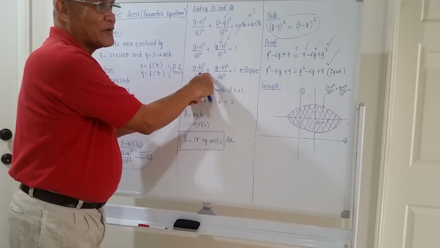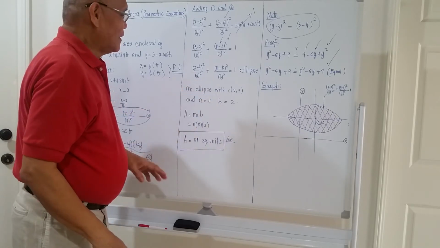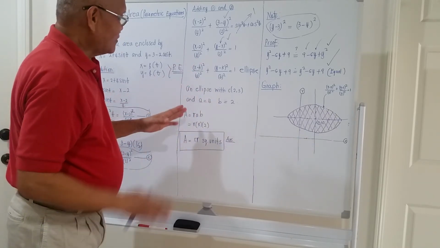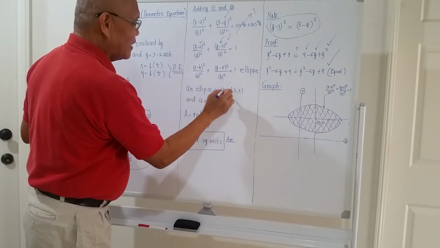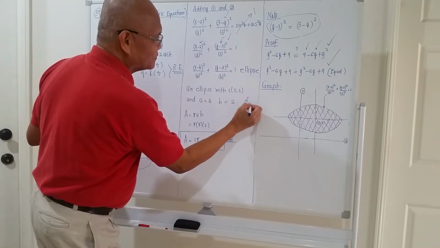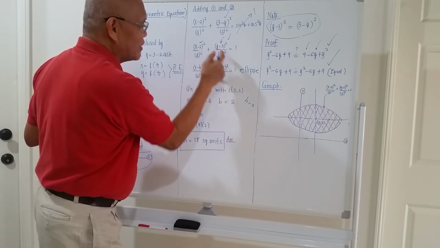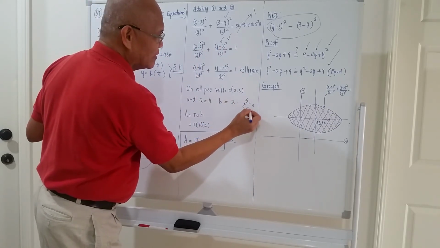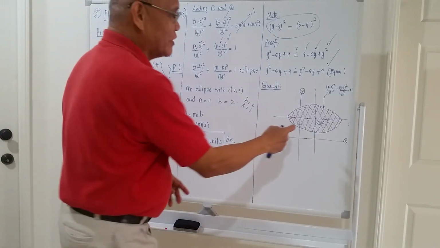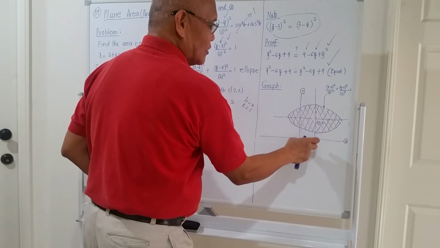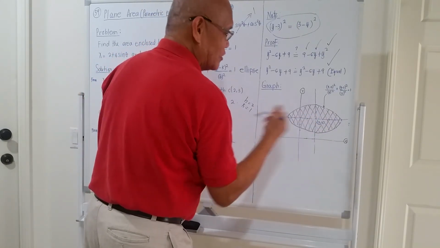If this is minus, it should be a hyperbola. The value of h is 2. This minus 3 here is actually k. Meaning, the center of the ellipse is at 2 and 3.